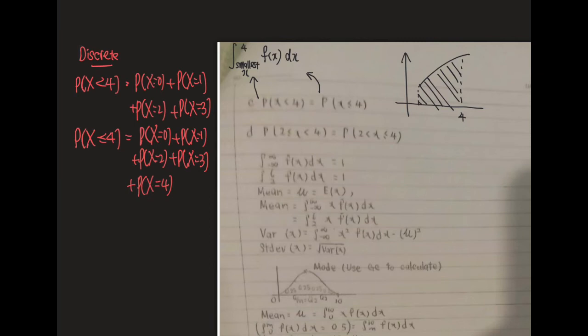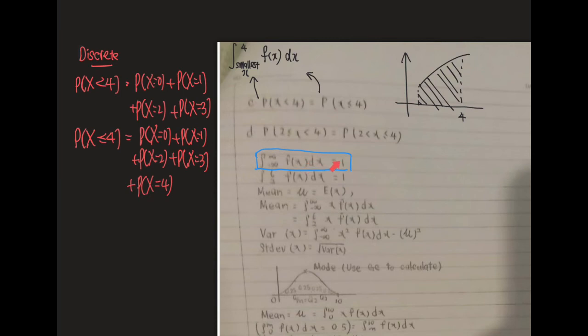Okay, now we look at this. So this is a formula under continuous. Very important formula actually. Integrate from negative infinity to infinity, f(x) dx is equal to 1.